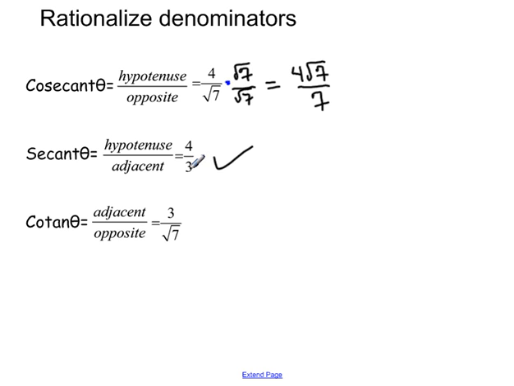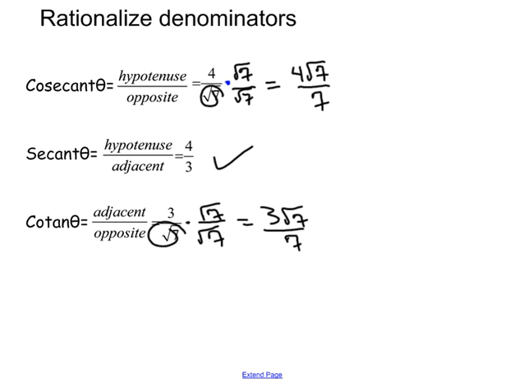There's no radical in the denominator, so you just leave it like that. This one you have to rationalize. So multiply the numerator by radical 7, multiply the denominator by radical 7, and you get 3 radical 7 over 7. Again, we're doing this because we cannot have a radical in the denominator, because that's not considered simplest form.